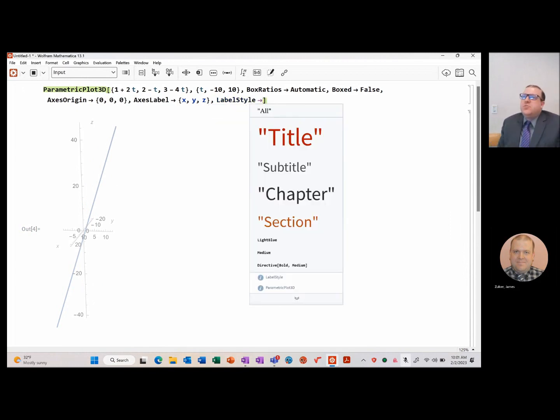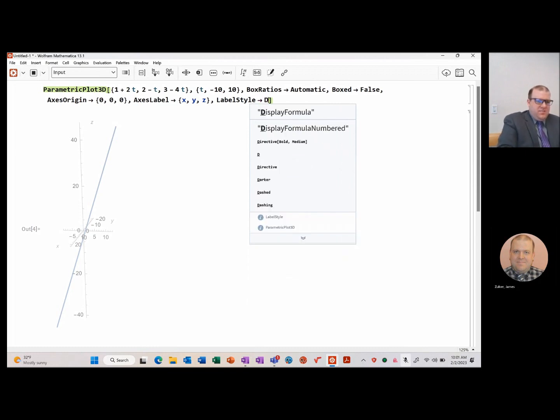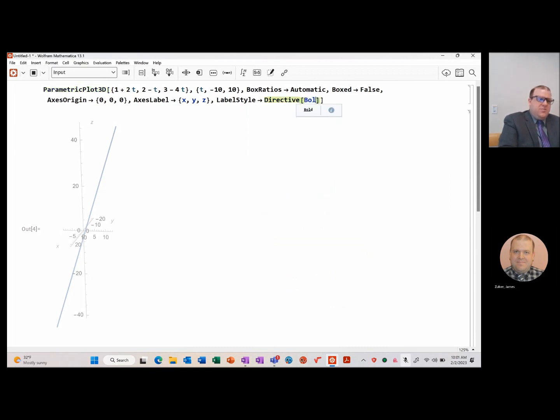You can also adjust the label style. Let's do bold. All right, so if I just do bold, right now all the labels are coming out bolded.